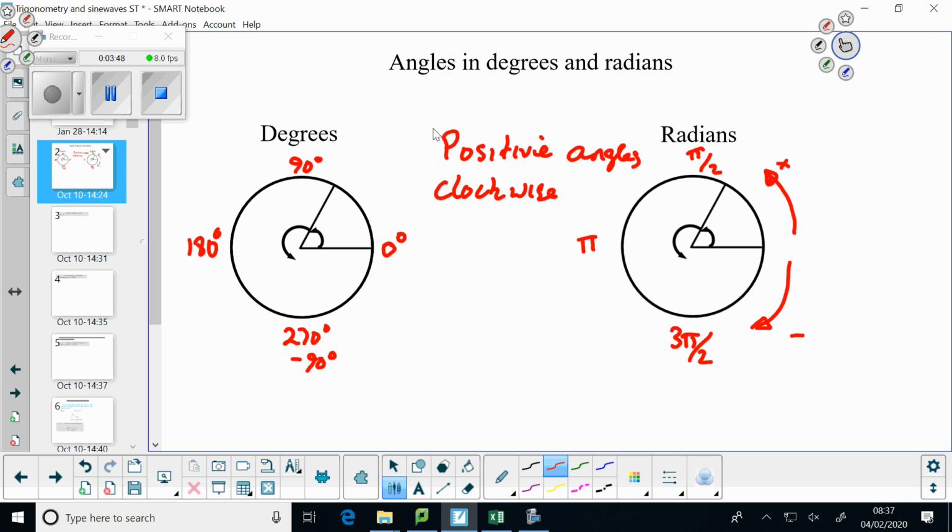And the complete circle, so that's 0, is also 2 pi. We started at 0, gone all the way around the circle, and we've done 2 pi radians.